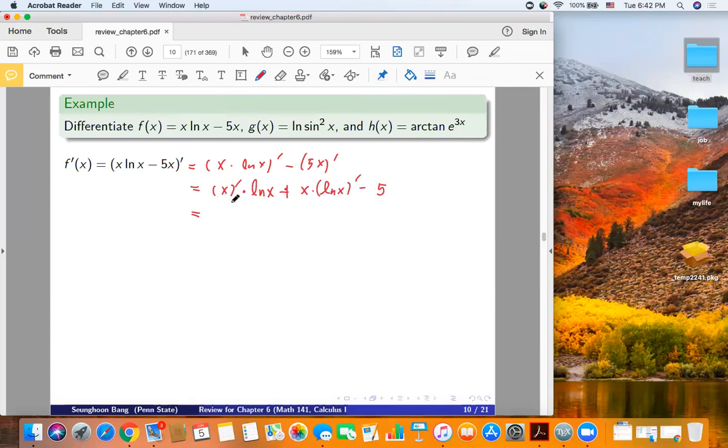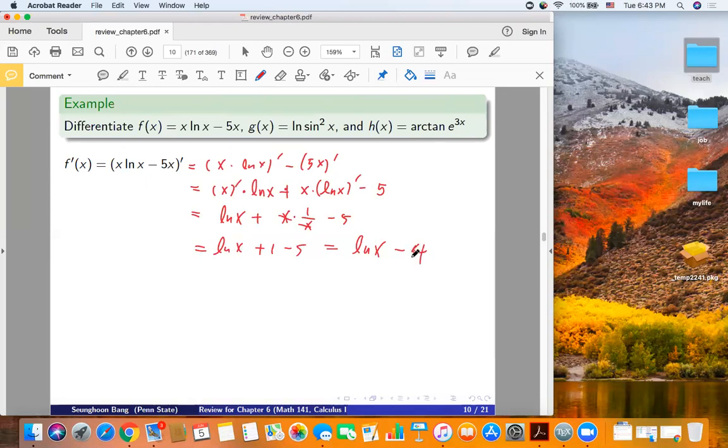Here x prime is 1, so just ln of x, plus x times ln of x prime, which is 1 over x, minus 5. The x is crossed out: ln of x plus 1 minus 5. Final answer is ln of x minus 4.